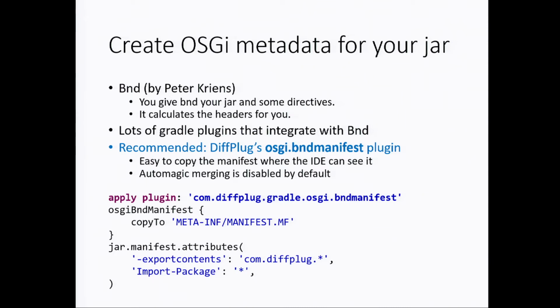And the problem with that is we've had a couple times these loops where on each build something gets added and added and added. And you've got two sources of truth. Some of your manifest comes from the manifest, and some of it comes from your build file. So this plugin can do merging if you want, but by default, the manifest that is generated is a pure function of these inputs here. So it's very repeatable, very simple.